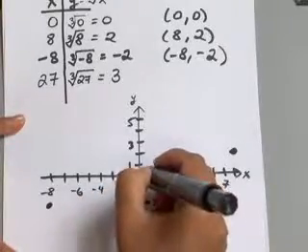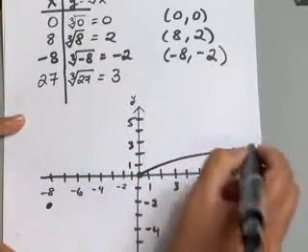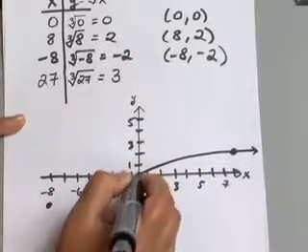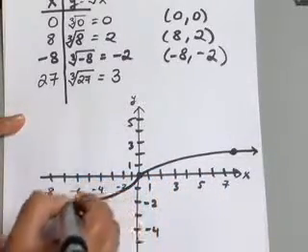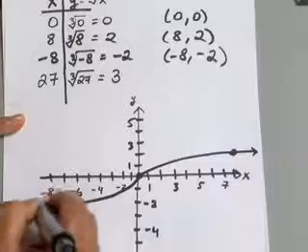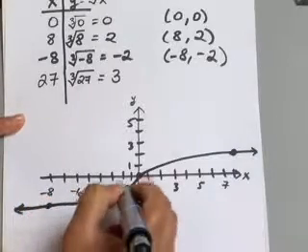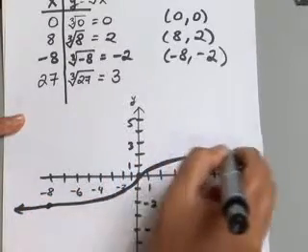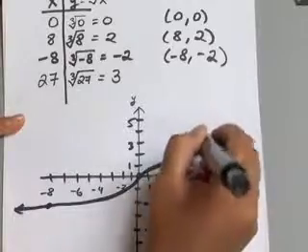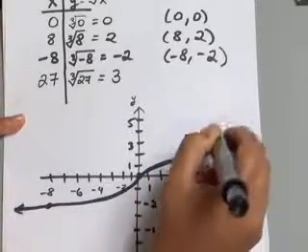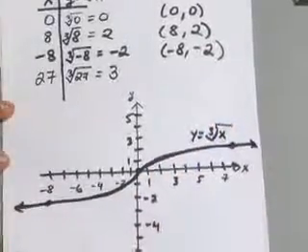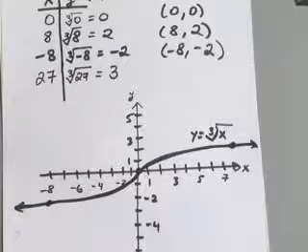Now if you graph these points, your graph will look something of this form. Okay, they're going to be curves. And this is what your cube root of x function is going to look like.